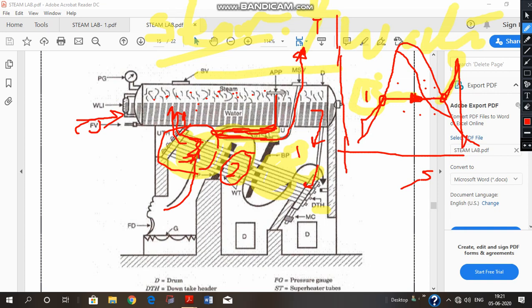In the section 1 of the tubes, water was at this position when it entered the downtake headers, and in the section 1 we can say water reached this area.